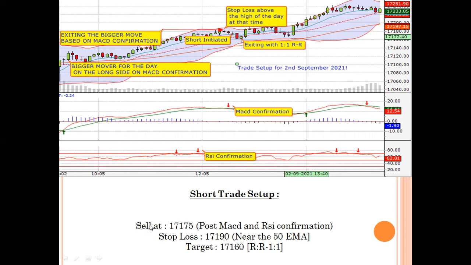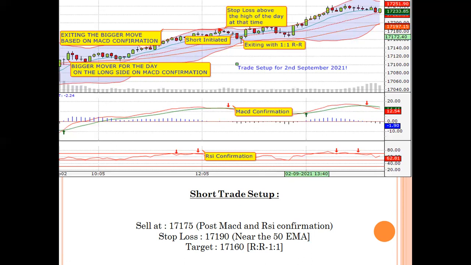If you see, the sell was initiated at 17,175 post MACD and RSI confirmation. The stop loss was 17,190. The target was 17,160. Now, if you see, this is the hammer, which is showing a bullish sign, and if somebody knows the candlestick patterns, if somebody is short, this is the time wherein one should probably exit their positions, because this shows that the bulls are in control.